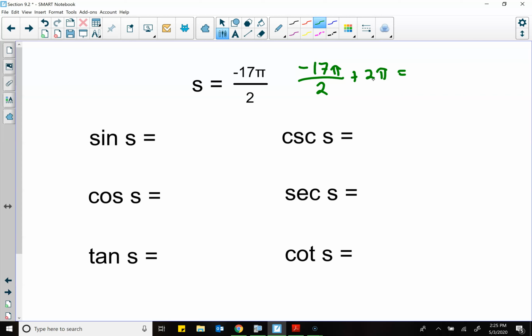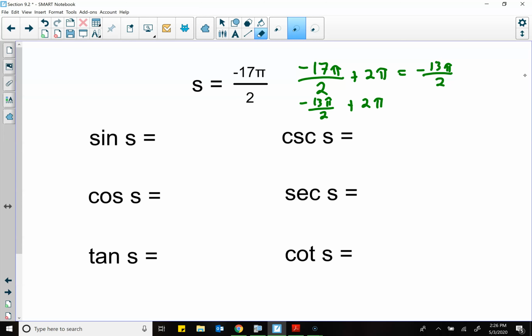So that gives us negative 13 pi over 2. Not quite there. So let's take negative 13 pi over 2 and add 2 pi. Because we're not there yet. So negative 13 over 2 plus 2.